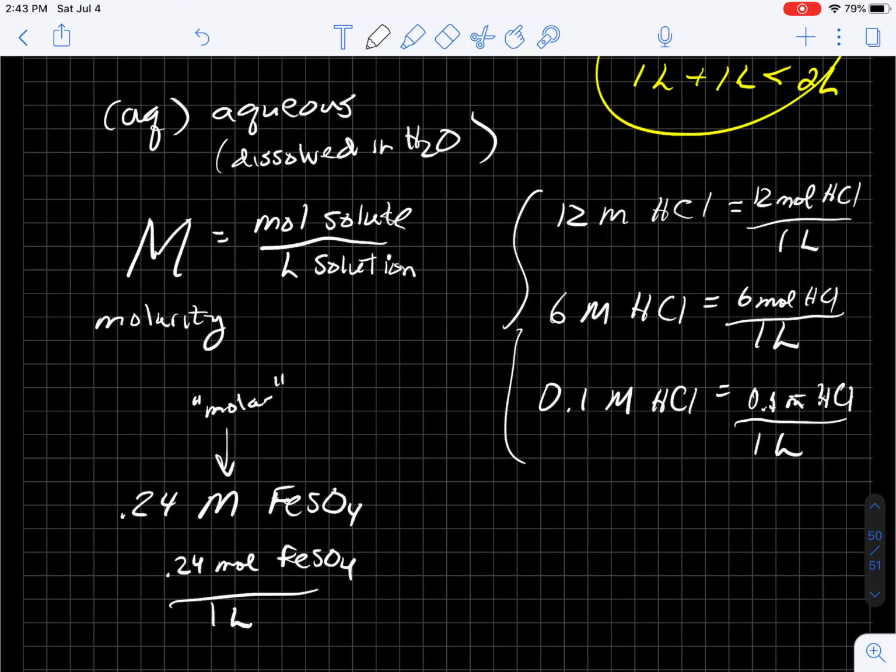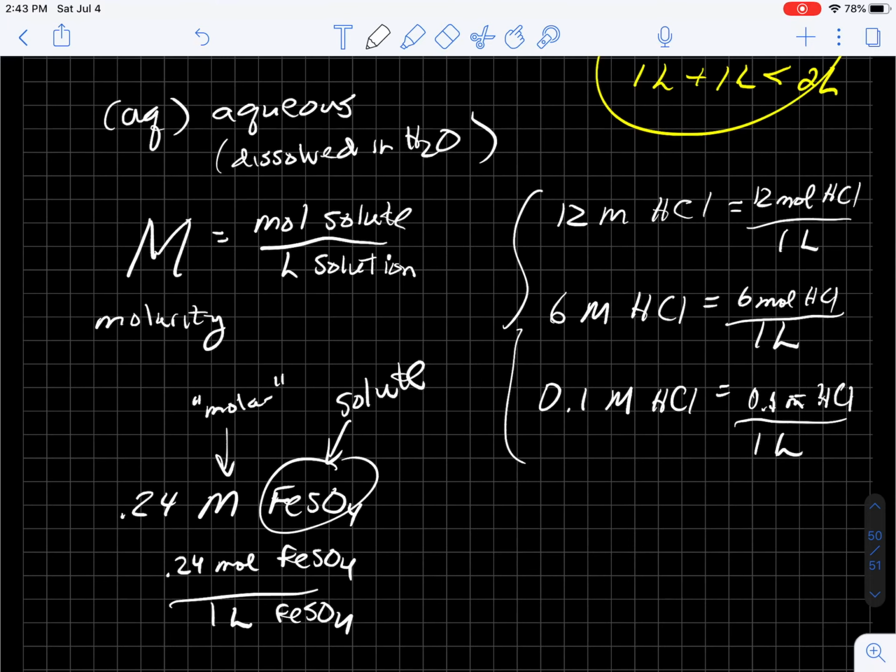So that's a conversion factor, moles over liters. In fact, we should call this liters of iron sulfate. Now, when they write this, they only include the solute, but it's actually solute plus water. But they leave the water out. The only time they include the solvent in this notation is if the solvent is different than water.